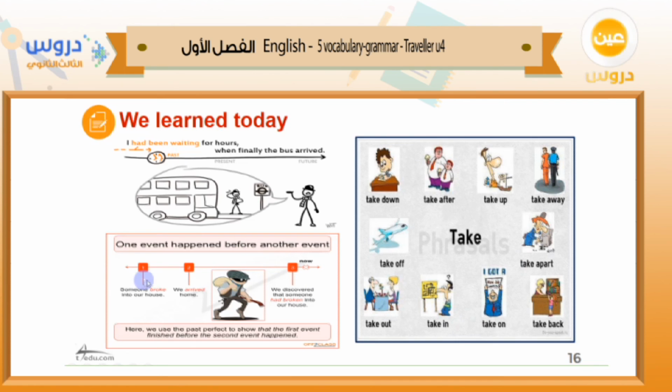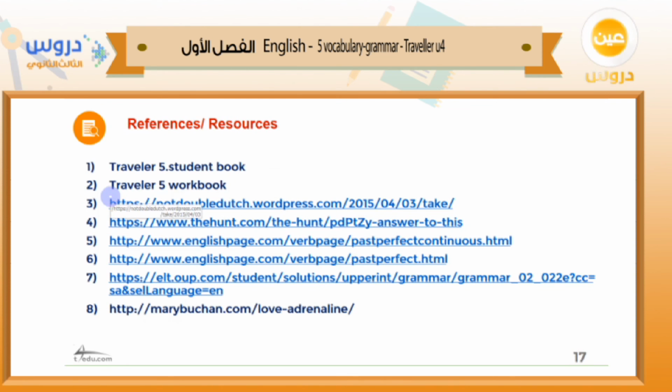All right. And then we moved to the past perfect. And what is the difference between past perfect and past perfect progressive? We also took some examples for both tenses.